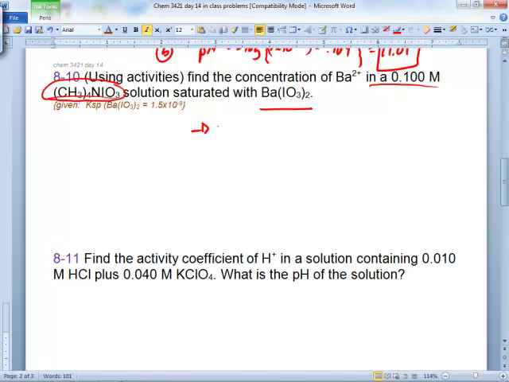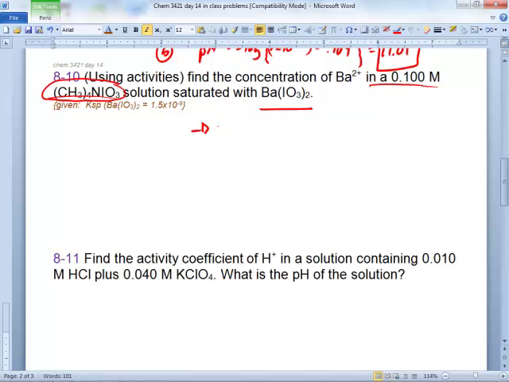So we treat everything exactly the same way we did before. We're going to get some relationship in terms of concentrations. KSP equals these concentrations. All we're going to do is replace the concentration with activities, right? But see if you can get us there. Where do you start?